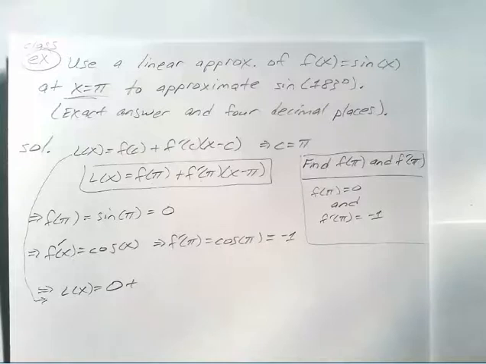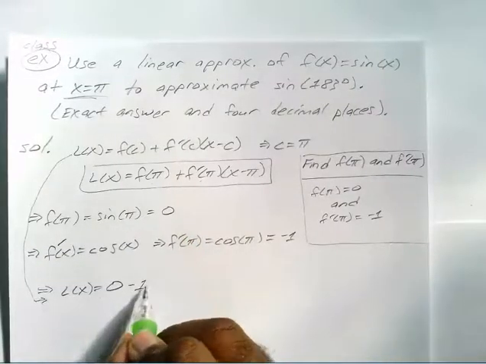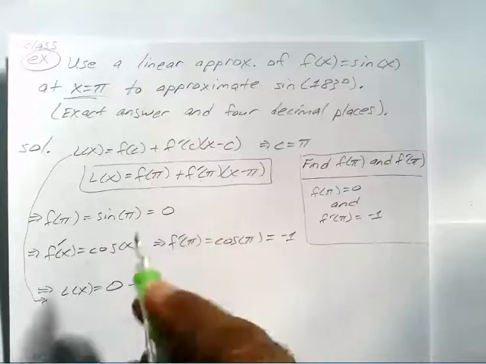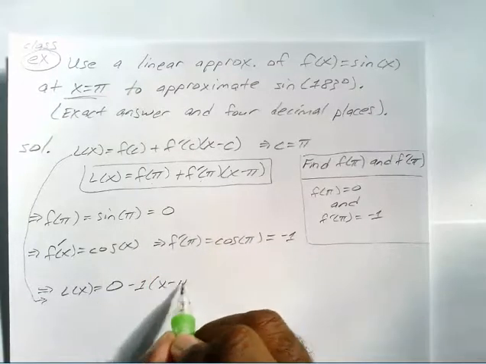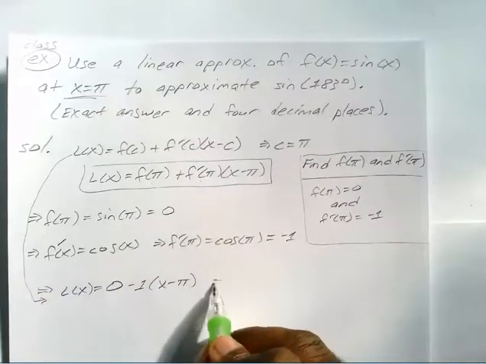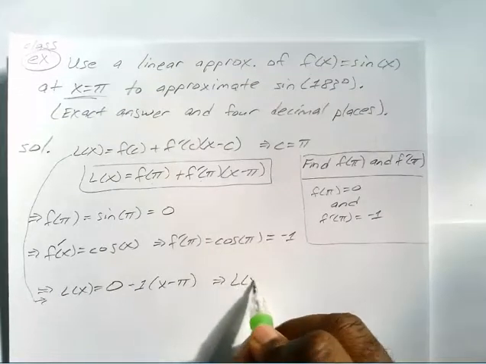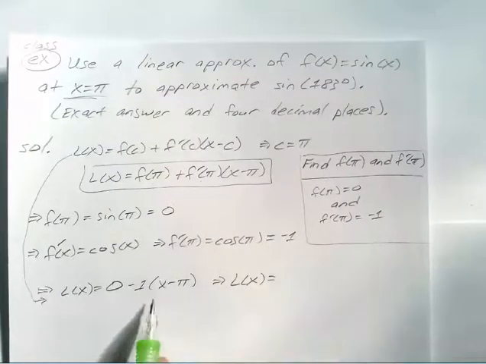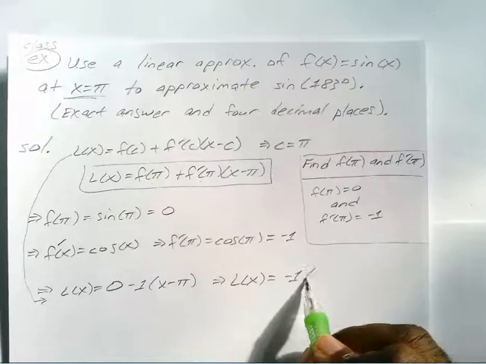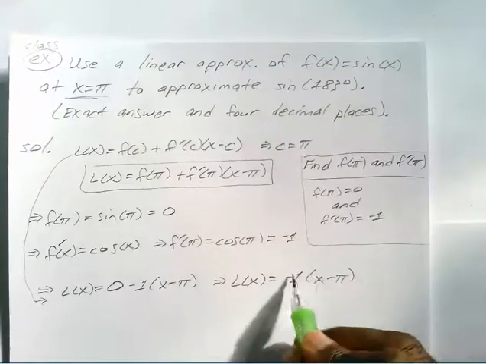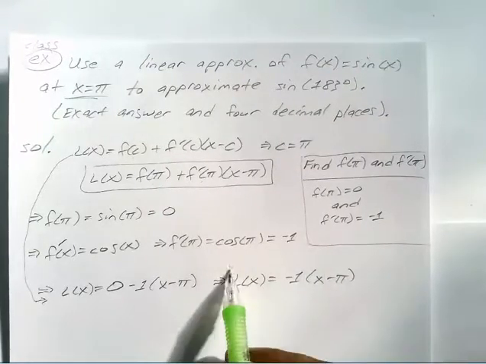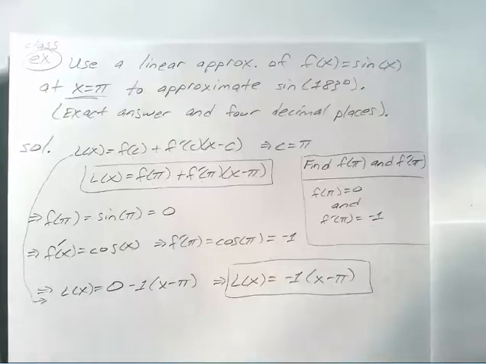So instead of plus, we can make that -1 times x minus pi. Which means our linear approximation is going to equal -1 times x minus pi, or you can distribute the -1 if you like. You don't have to. Whichever one is most comfortable for you.